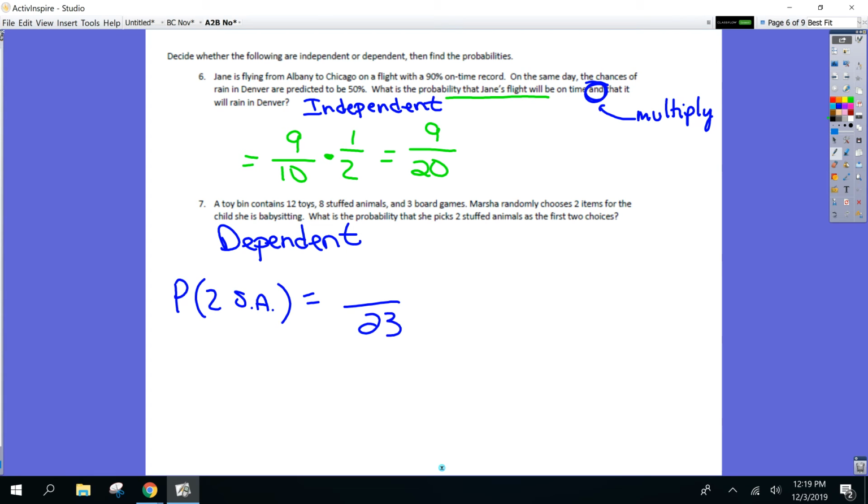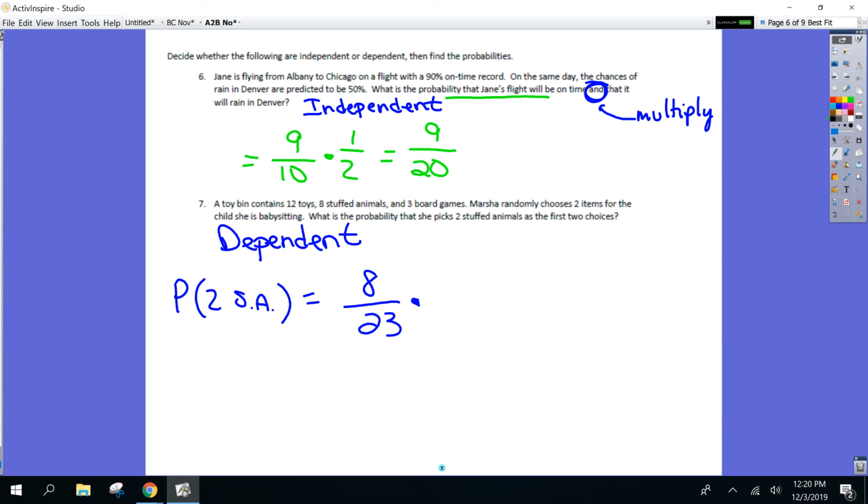Out of those 23, how many are stuffed animals? 8. Anybody else confused on the 8 out of 23?